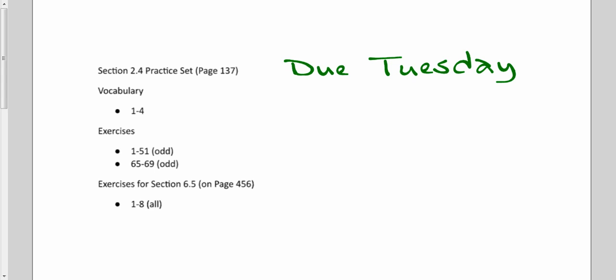Practice that, due Tuesday. So, this looks like a lot of problems, right? These here, that's the biggest chunk. That should take me about 20 minutes. So we did the math in the last section.